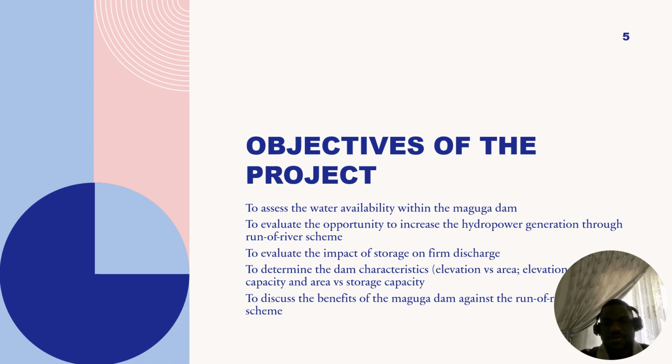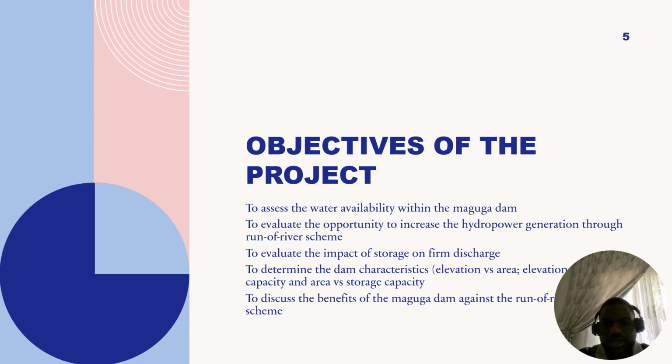The objectives for this research are: first, to assess the water availability within the catchment; second, to evaluate the opportunity to increase the hydropower generation through a run-of-river scheme; third, to evaluate the impact of storage on firm discharge, which further down you will see we got from the flow duration curve.